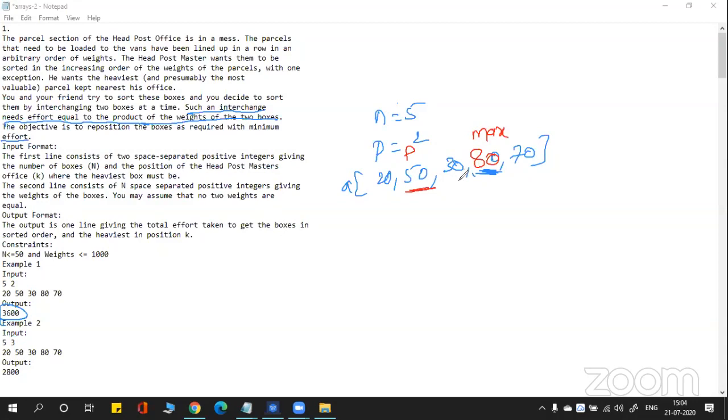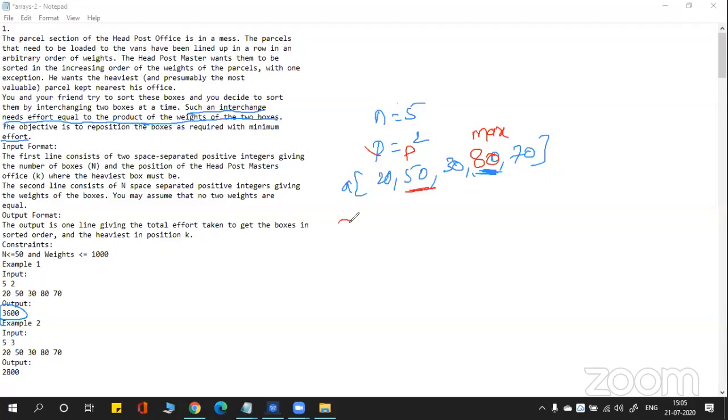If I want a minimum value at this position, where I have 50, then there is a chance of getting my effort as minimum. I'll be multiplying this maximum element with the position value. If I can get a minimum value in this position, what is the minimum value? My minimum value is 20.